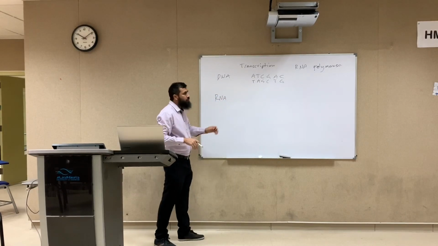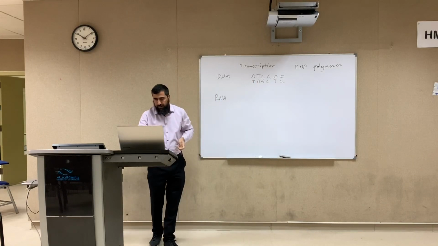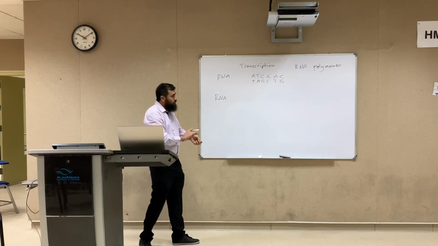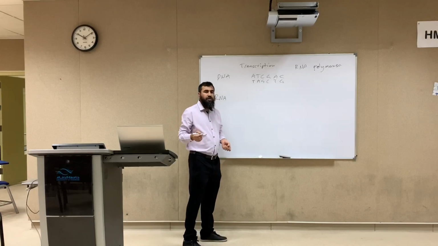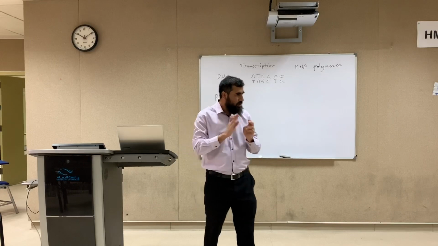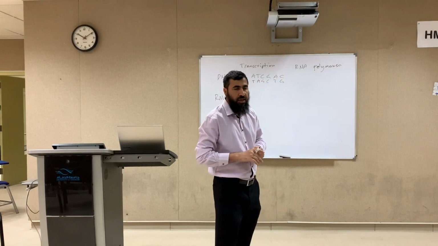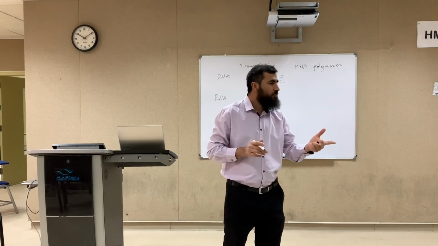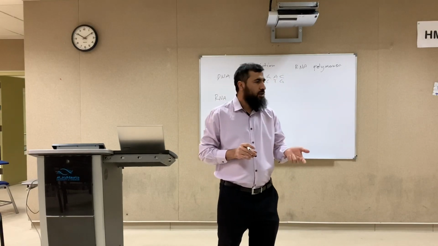Now, during transcription, let me just go to this one. If you look at the gene, remember the gene, the functional unit of DNA, from the last lecture? And we talked about gene expression, which is expressing the gene as an RNA or finally as a protein.